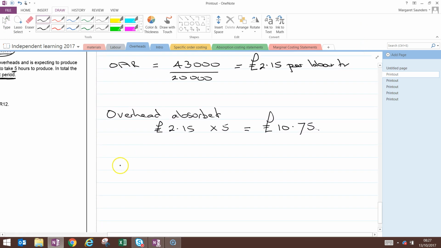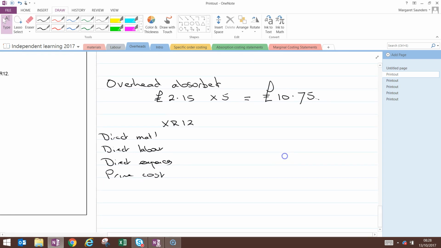So the XR12, we would be looking for the direct material cost, the direct labour, the direct expenses. That gives us the prime cost. Then we add overheads, and that gives us the total or absorption cost.